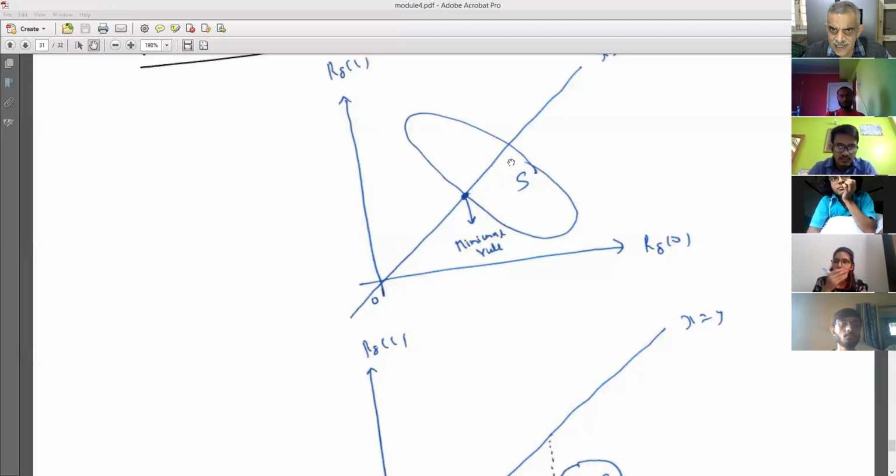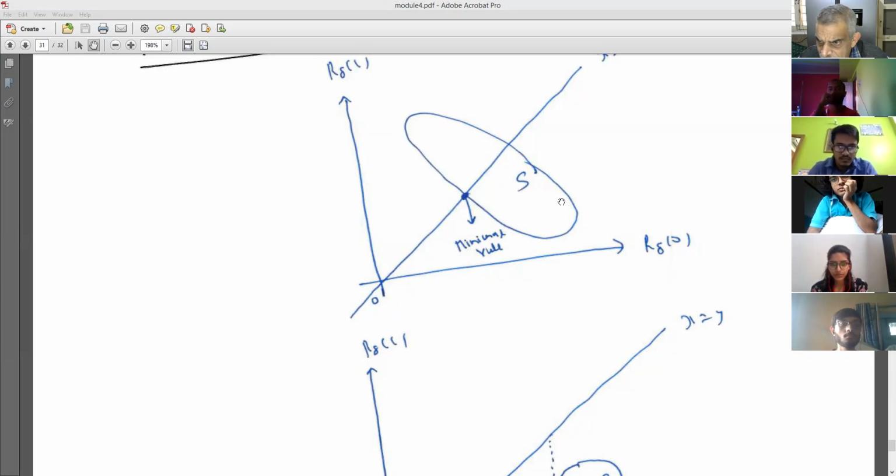This is my risk set, which is a convex set. R delta 0 is over here, R delta 1 is over here. Different points, as I vary delta, give me the value of risk which is inside this set S.